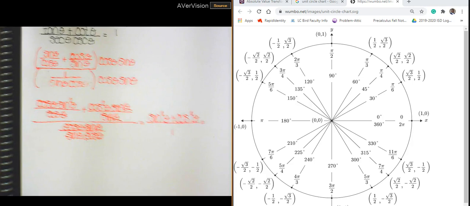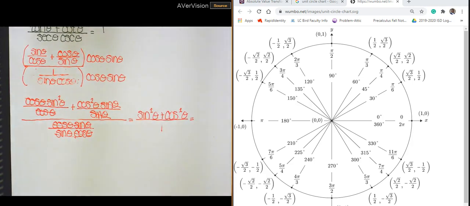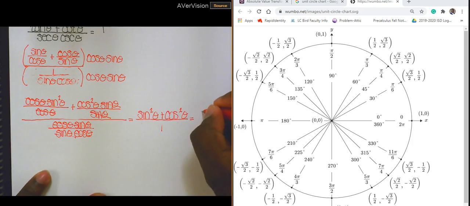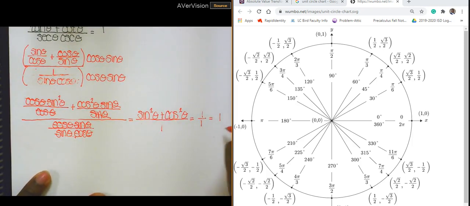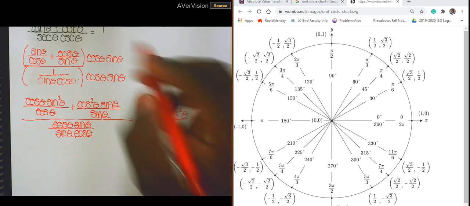All right, last step. What is sine squared plus cosine squared? It is 1. So we get that the left-hand side is equal to 1, which is what we're trying to get to.